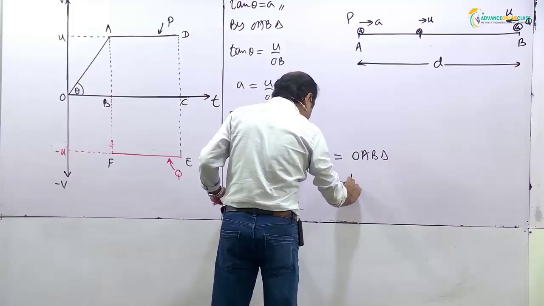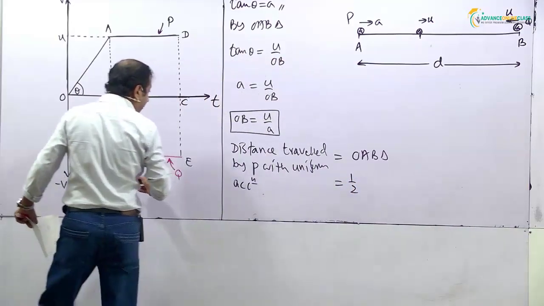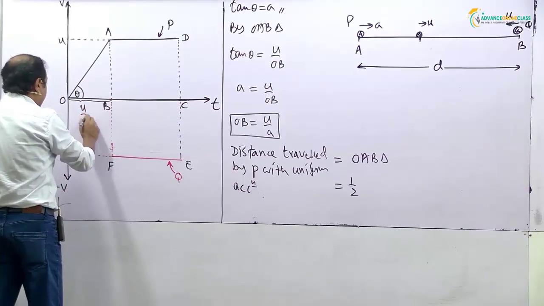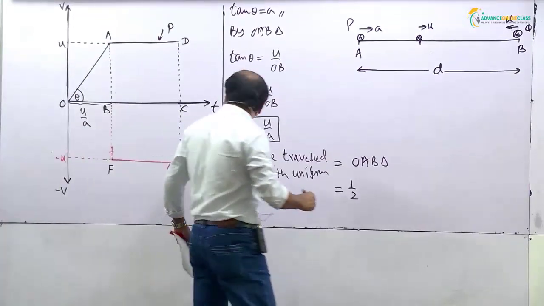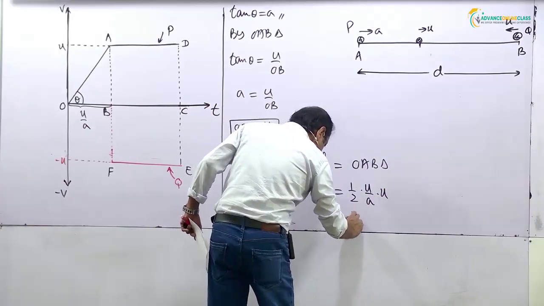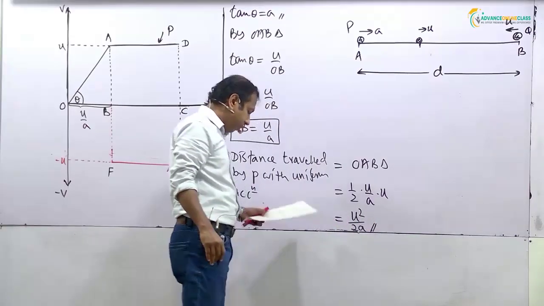OAB area is given by half base into perpendicular height. This is OB, we found U upon A. This area is the distance traveled by the particle P with acceleration: half, U over A, into U, which is U squared over 2A.